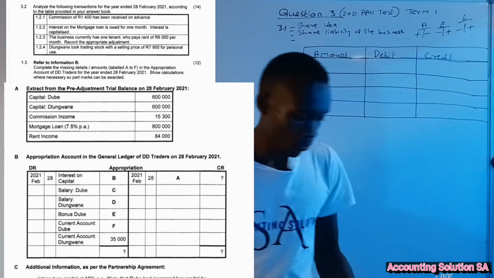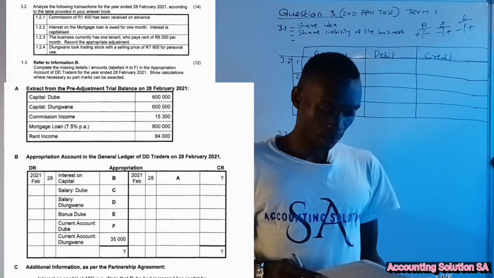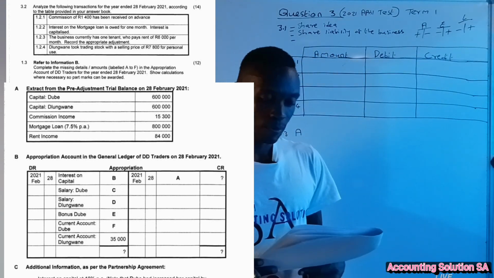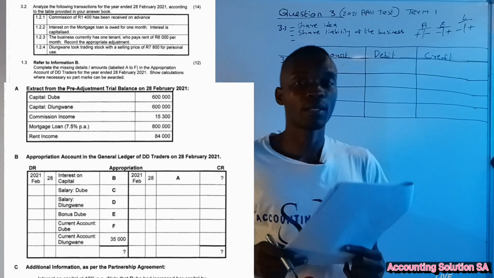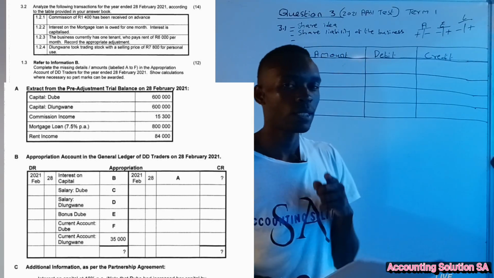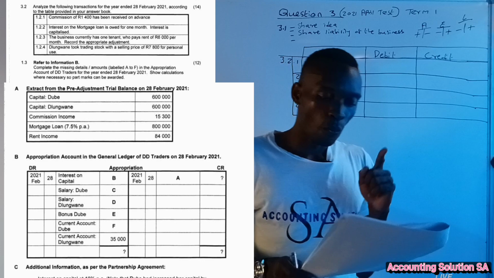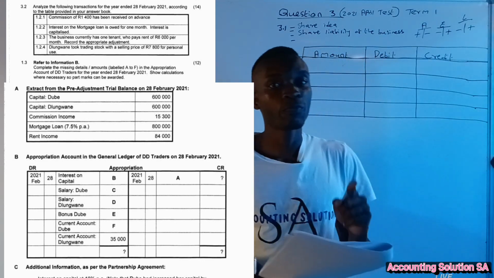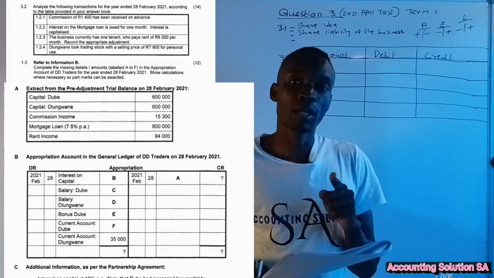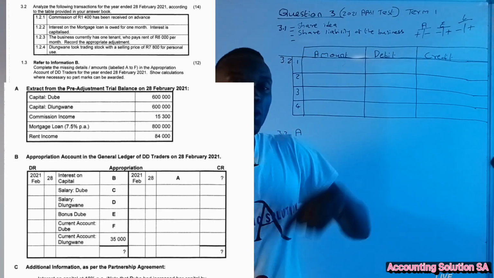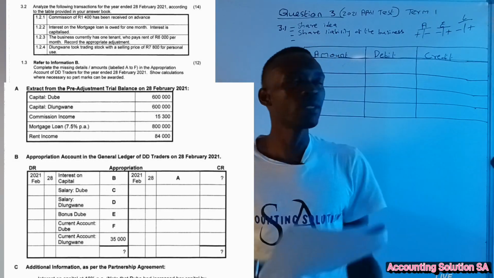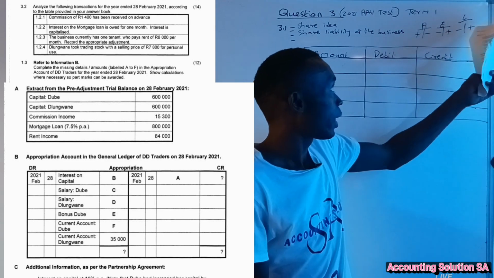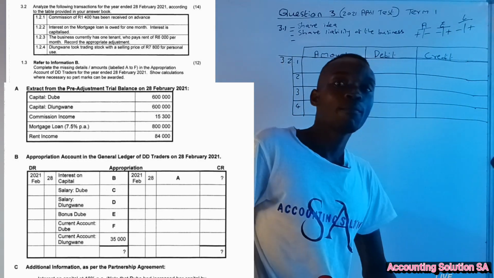Now they're saying that commission has been received in advance, which means that the liability has increased. We haven't yet performed this commission, so we raise our liability. We still owe these people our commission.